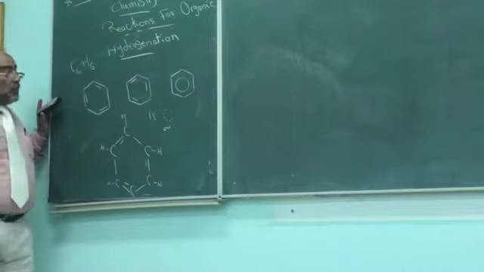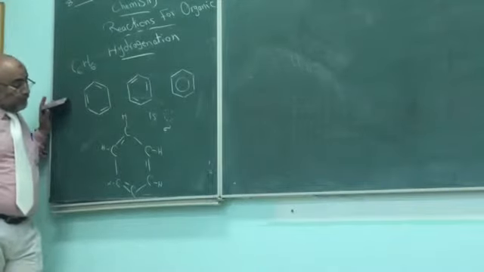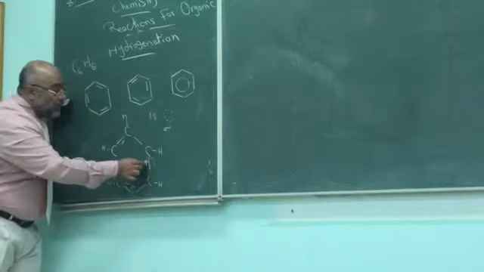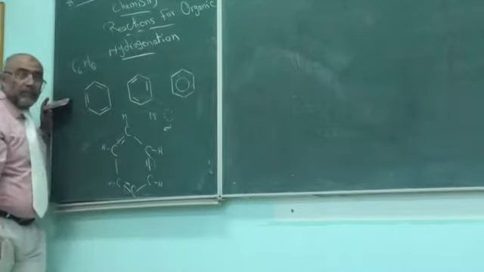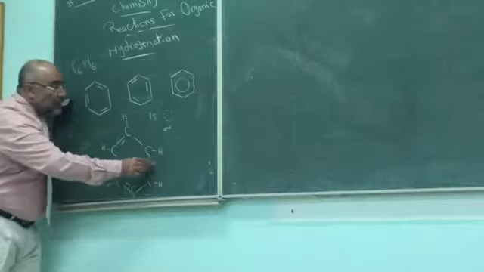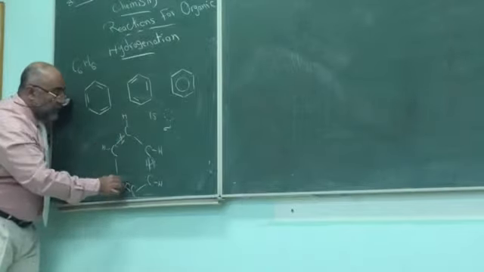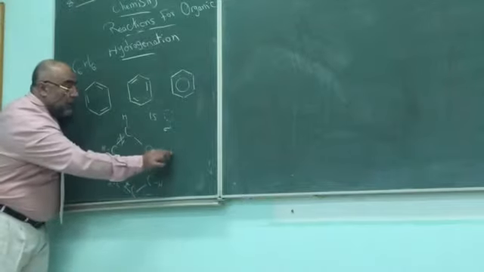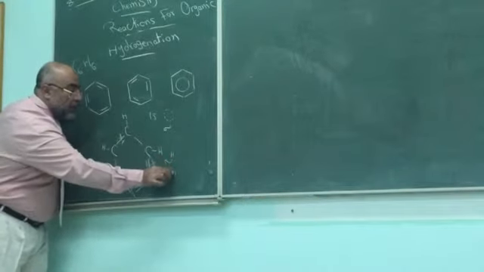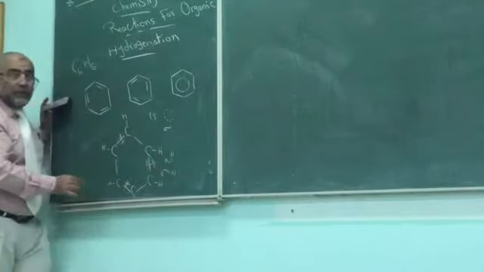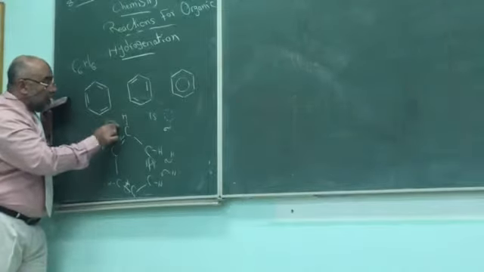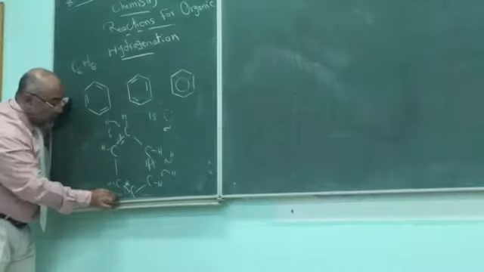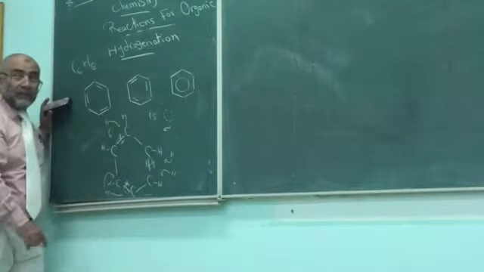Now, Mr. Nawaf Patel, the pi bonds here we can break down, right? That means hydrogen will add here and another hydrogen here, hydrogen here and hydrogen here. Hydrogen adds to this carbon, hydrogen adds to this carbon, right?